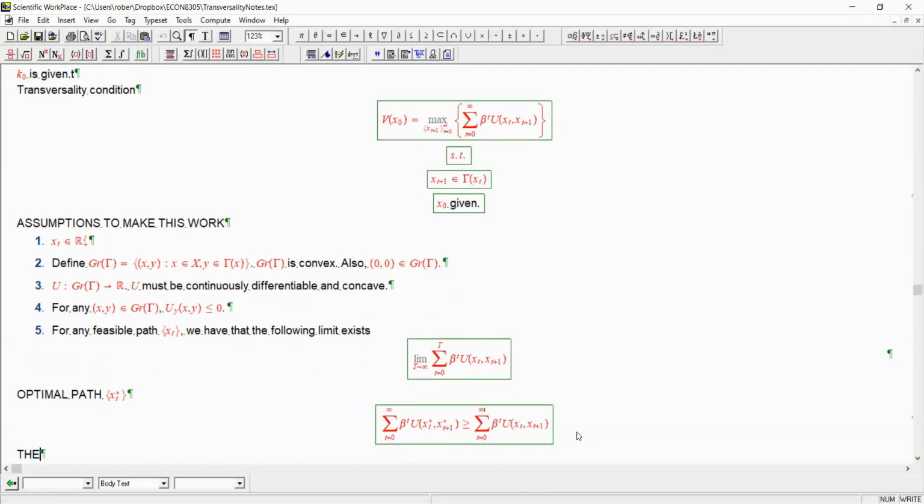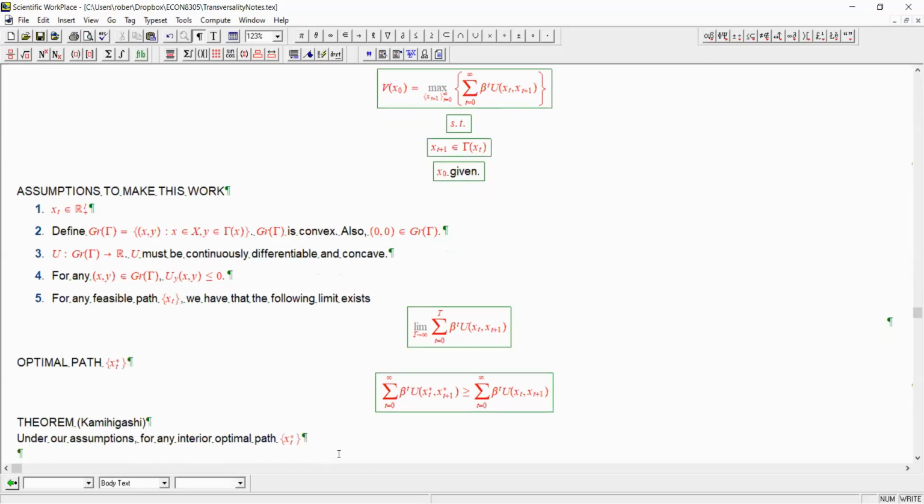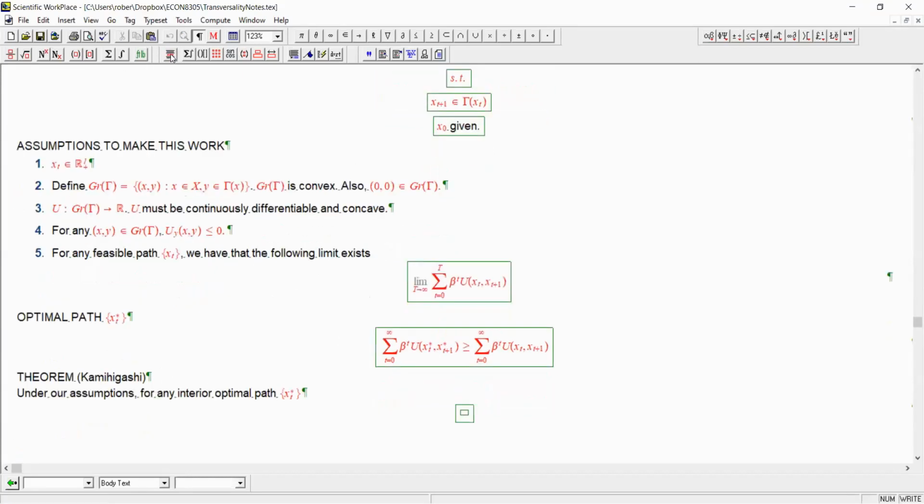Then there is a theorem which is due to Kamihigashi that under our assumptions, for any interior optimal path, and of course interiority is key here since we are in an unbounded region, the following must hold. In other words, this is a necessary condition.